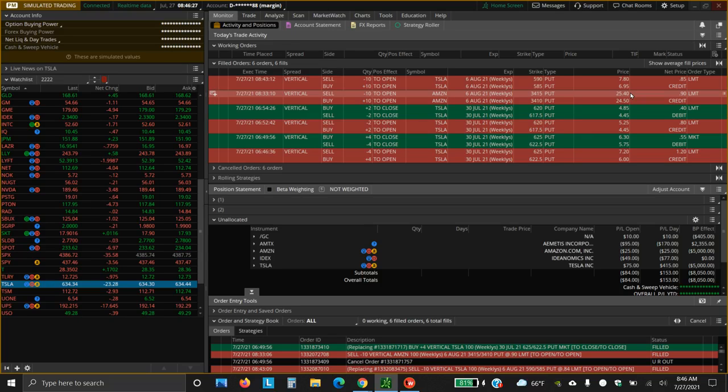All right, so I know this is a little bit complicated because you still have to learn what a spread is and what I'm selling and buying and all that. But just in general, I want Tesla to stay above $590 a share. As long as it does, I'm going to make $800 profit, no matter what.